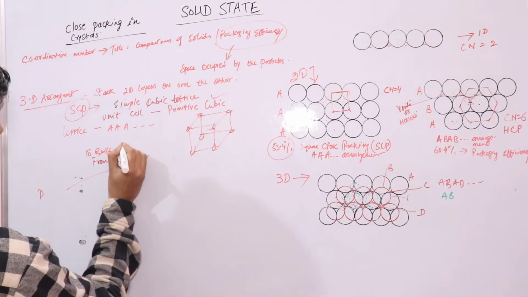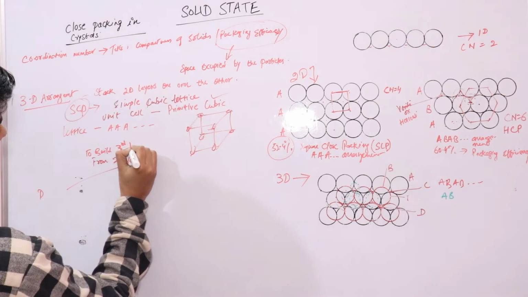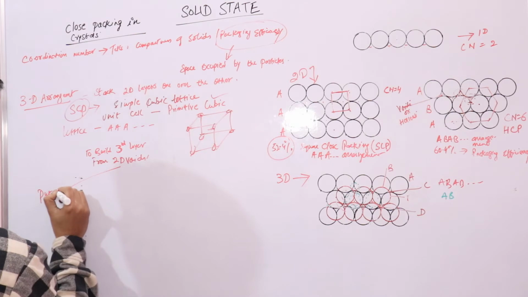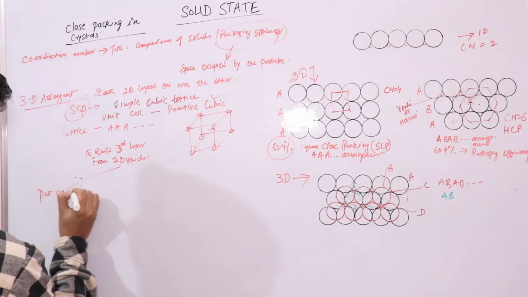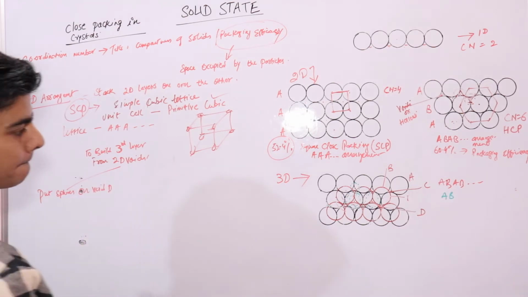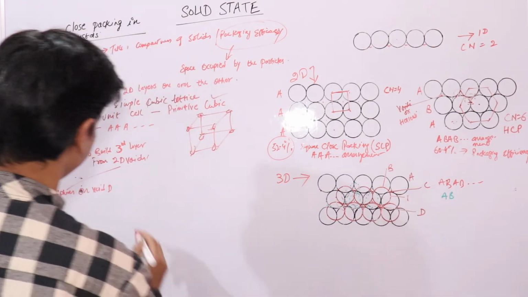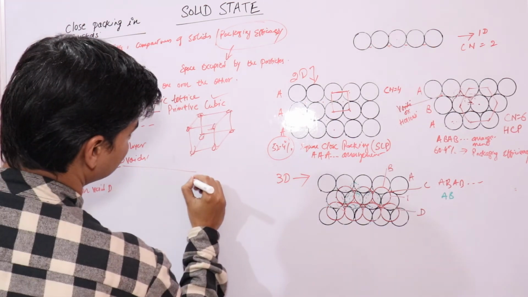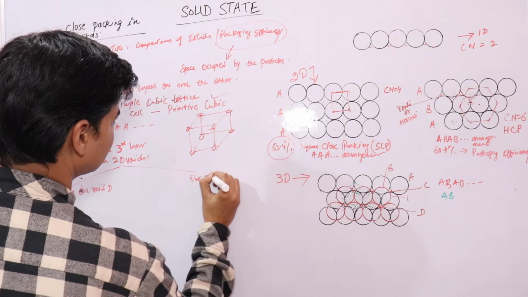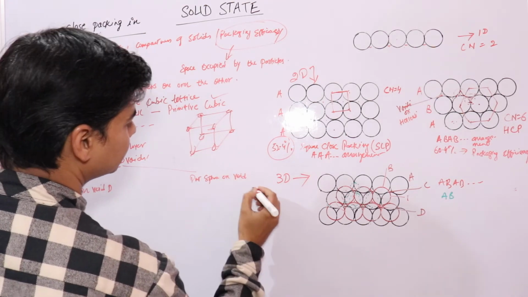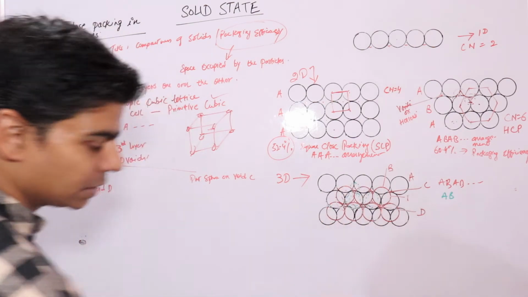To build the third layer, put spheres on void D, onto these voids. Or the second way you can do this is put spheres on void C, which are the voids in the first layer.